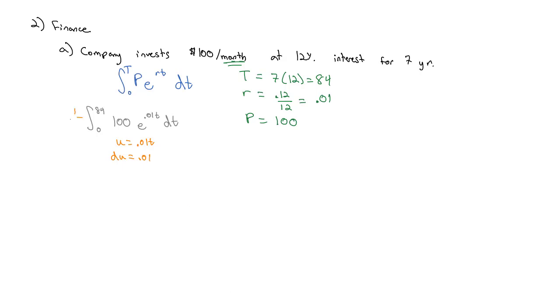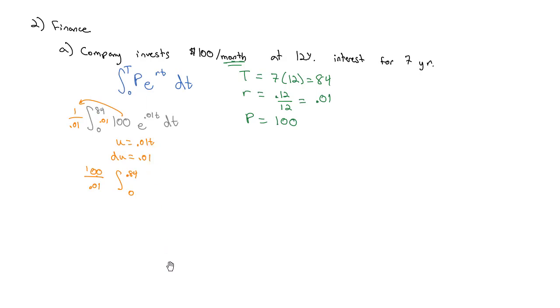So we're going to do 1 over 0.01 times 0.01, so that we have 100 over 0.01, moving that 100 out because it's a constant, integral from 0 to 0.84. Remember, we need to plug the 84 into the u equation.